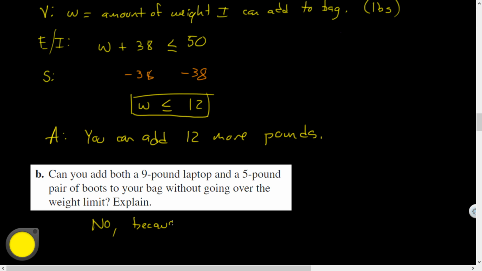Because 9 plus 5 is greater than 12. That would be my reason. What's 9 plus 5? 14. Is 14 less than or equal to 12? No. Or I could have said 9 plus 5 is not less than or equal to 12.